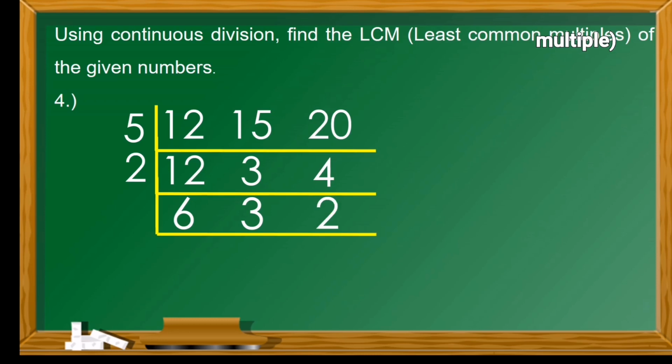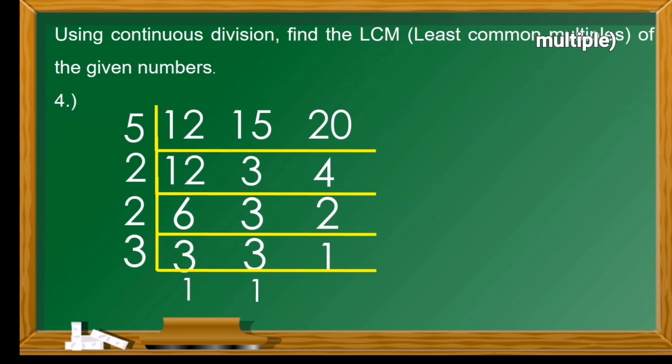Then 6, 3, and 2 can be divided by 2. So 6 divided by 2 equals 3. Then 3 divided by 2 cannot be again, so bring down. Then 2 divided by 2 equals 1. So 3, 3, and 1 can be divided by 3. So 3 divided by 3 equals 1, 3 divided by 3 equals 1, and 1 divided by 3 cannot be, so bring down.